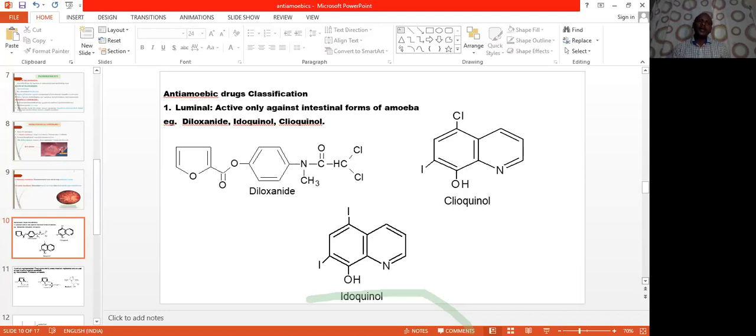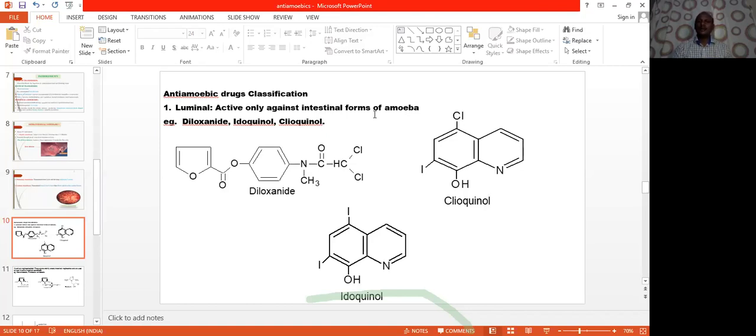In intestinal amoebiasis, the first group is the luminal anti-amoebics, which are active only against the intestinal forms of amoeba. So you cannot give them to treat systemic amoebiasis.